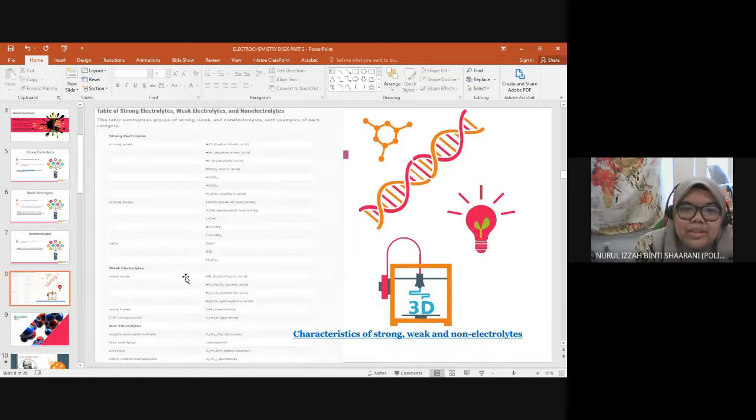If we look here, strong electrolytes also include salts. NaCl is considered a strong electrolyte. That's why water is a weak electrolyte. Water, as a weak electrolyte, can conduct electricity and has free moving ions, but not as much as a strong electrolyte.